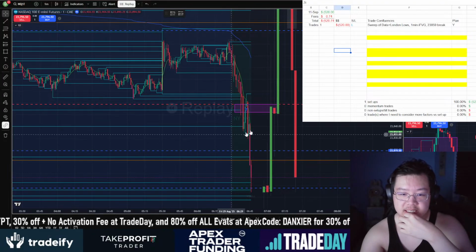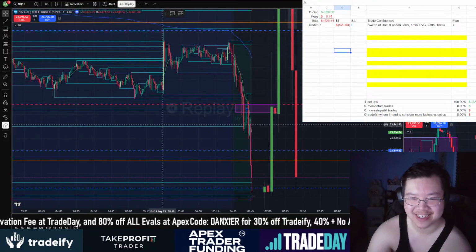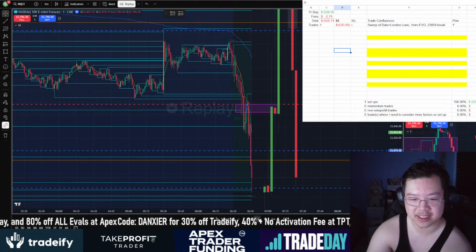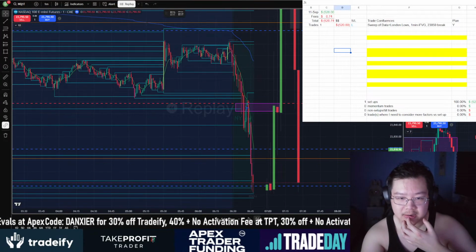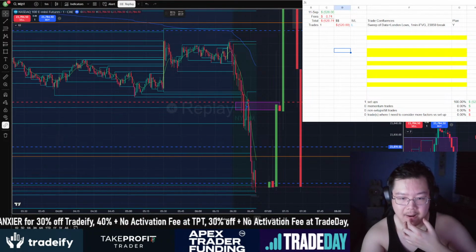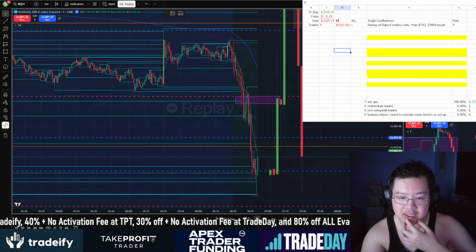Literally next trade I would have had a short right here, which is crazy, but we're not worried about break and retest right now. Looking at inversions. Damn. How do I not remember this day?